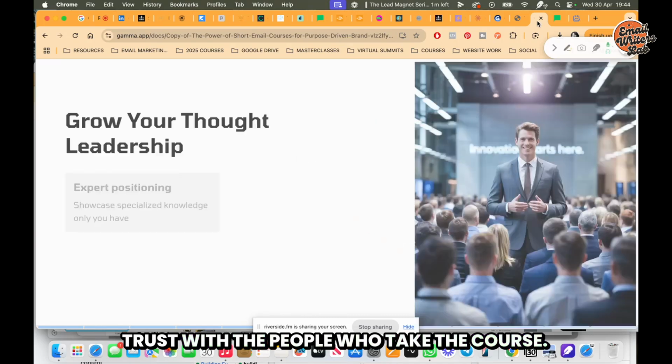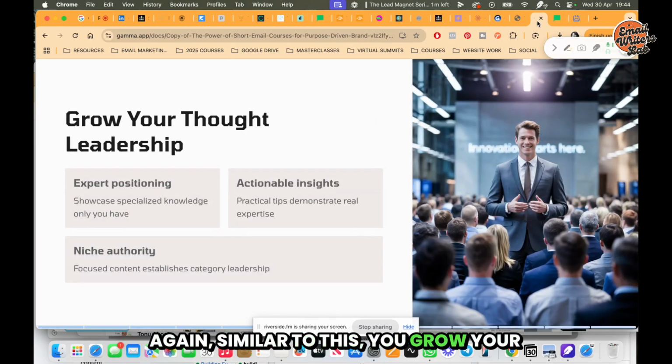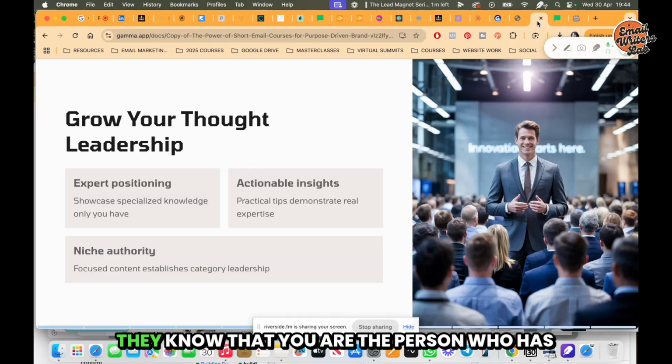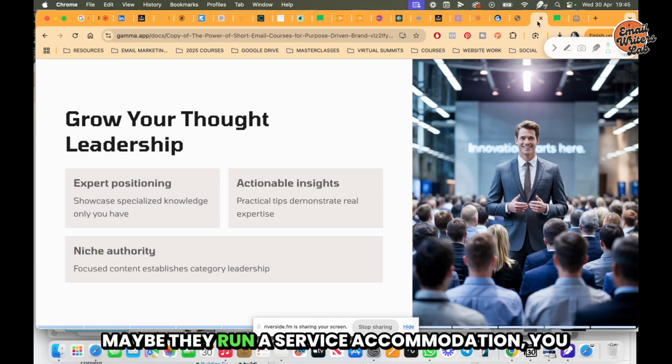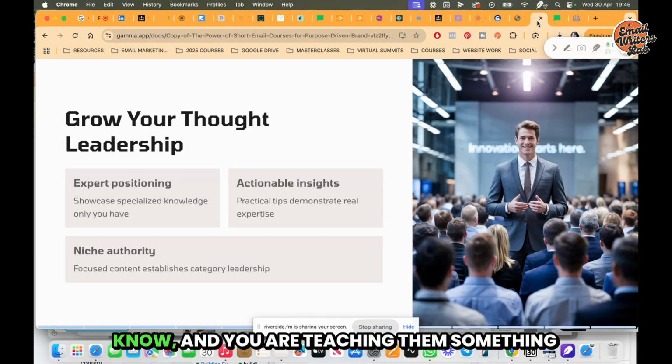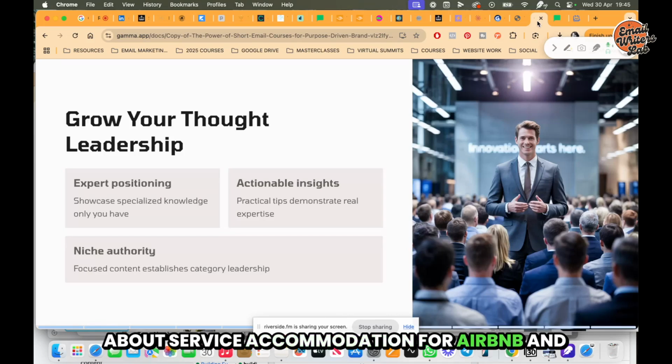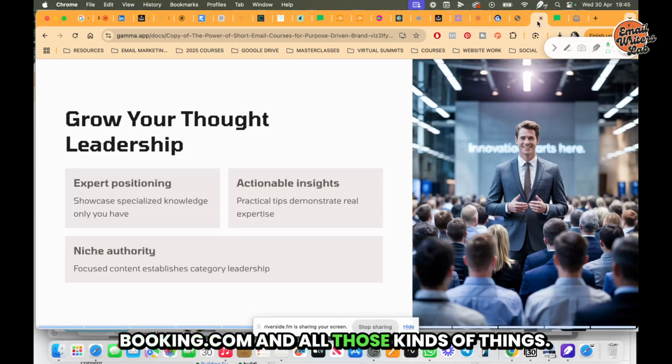Again, similar to this, you grow your thought leadership. So whether or not they buy from you, you become this thought leader. They know that you are the person who has this authority in this area. Let me give another example. Maybe they run a service accommodation, and you are teaching them something about service accommodation for Airbnb and booking.com and all those kind of things.